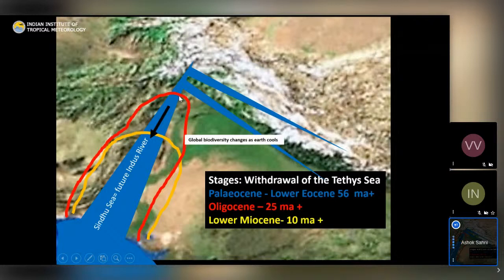But slowly and gradually, the sea receded here. We've called it the Sindhu Sea. So now the Indus River, the sea receded. And how it receded, you can see at 25 million years, this is the coastline. And at 10 million years, this is the coastline. So there used to be a big ocean between Asia and India, and now it gradually vanished, and here we are.